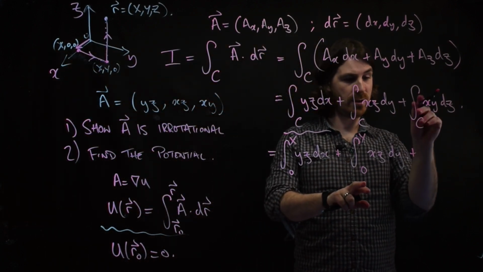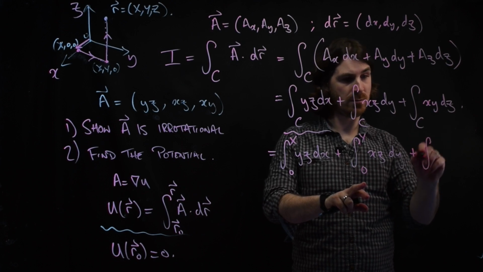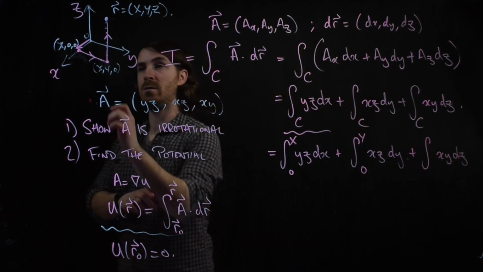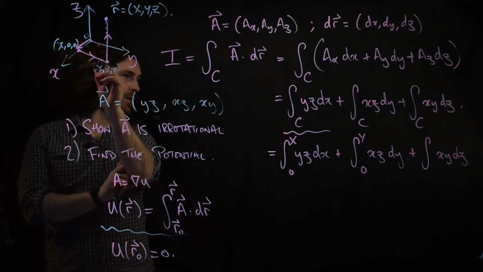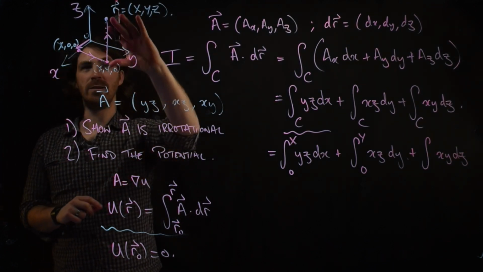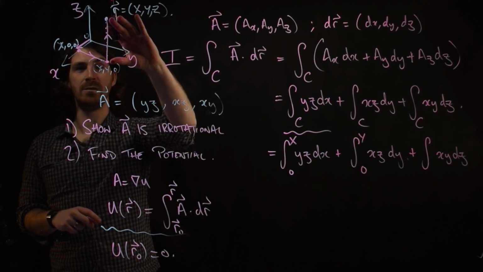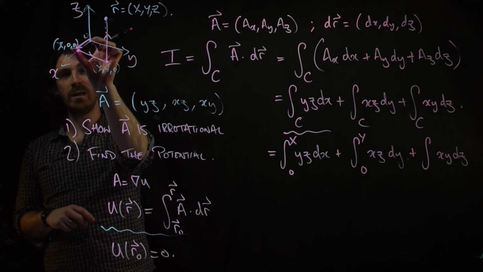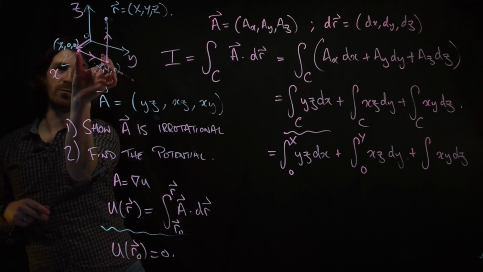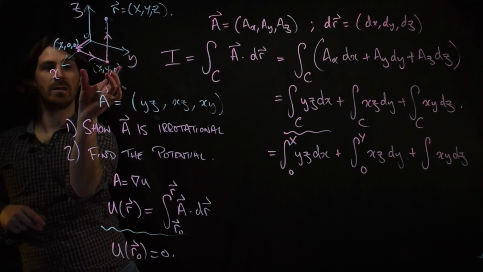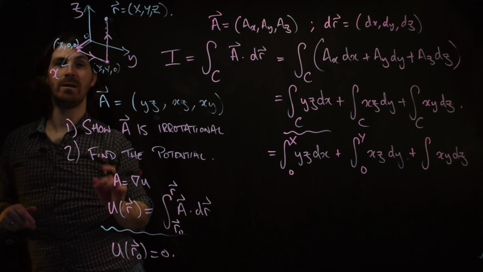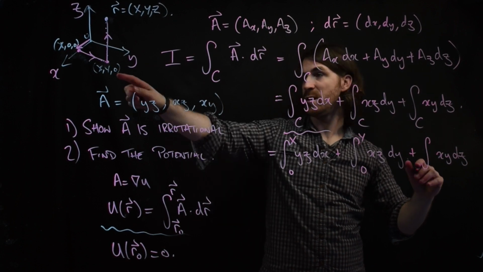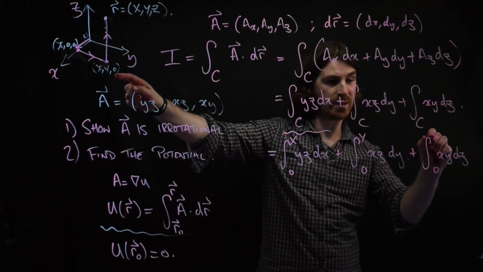Okay, and then this integral, x, y, dz, along the full curve, so along all three sections, is only non-zero along the final section, where dz is non-zero. Okay, this first section, you're stuck in the xy plane, so you don't change z, and then you move from y equals 0 to y equals capital Y, again in the xy plane, so dz is 0. So it's only this final section, where z changes from 0 to capital Z.